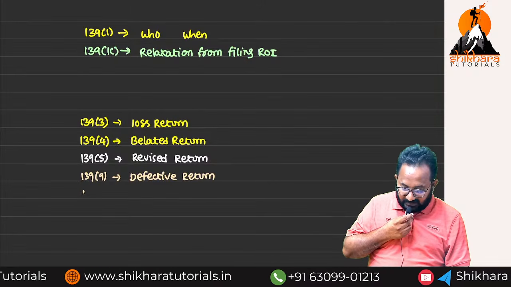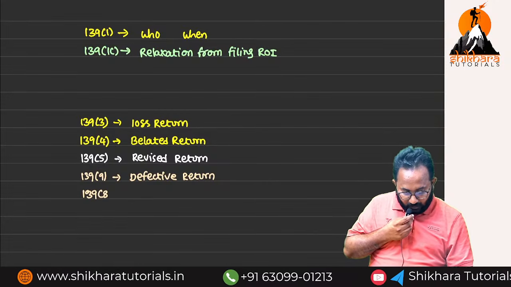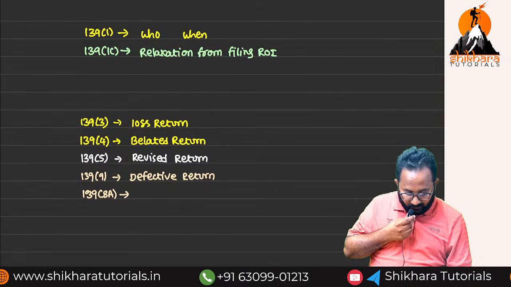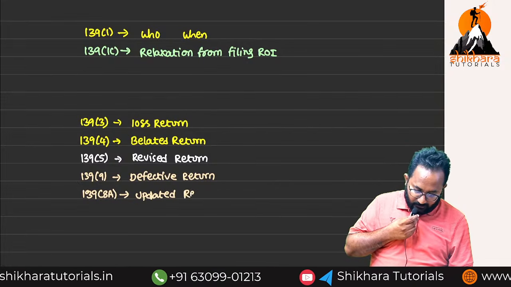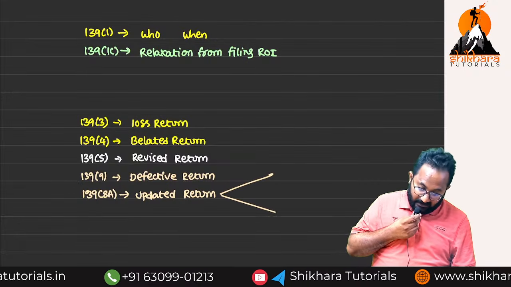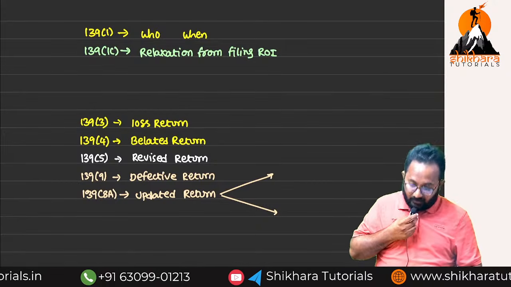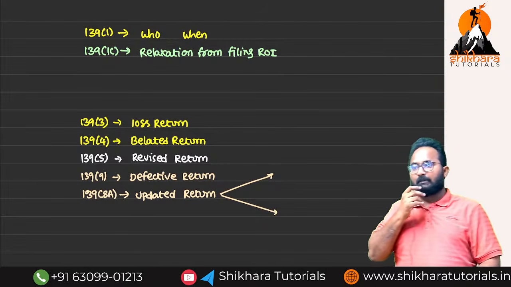Next, 139 capital 8A. What is that? Updated return. Sir, updated return related provisions we will discuss separately in a further chapter. If you refer to your index, I have given 139 8A updated return written separately as a chapter.